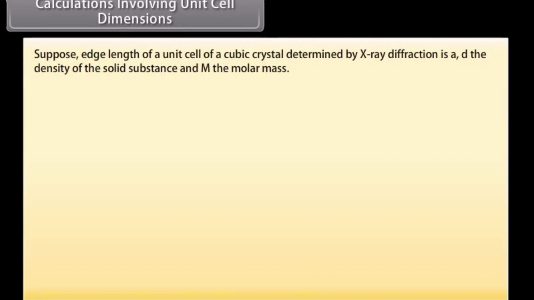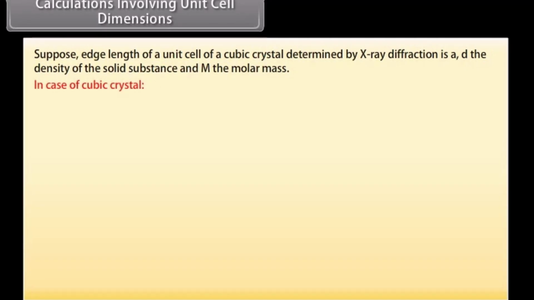Calculations involving unit cell dimensions. Suppose the edge length of a unit cell of a cubic crystal determined by X-ray diffraction is a, d the density of the solid substance, and M the molar mass.